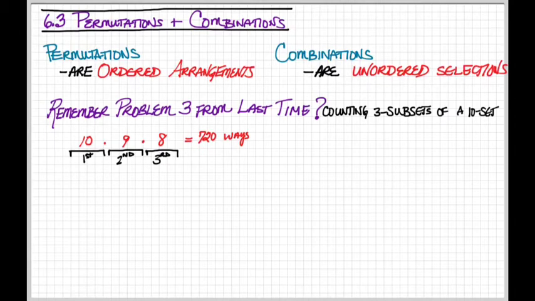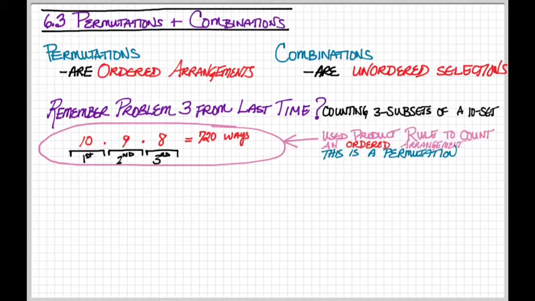Do you remember problem 3 from last time where we were counting 3 subsets of a 10-element set? We started by ordering the 3 elements that we were selecting in 10 times 9 times 8 ways. This step is using the product rule to count an ordered arrangement.